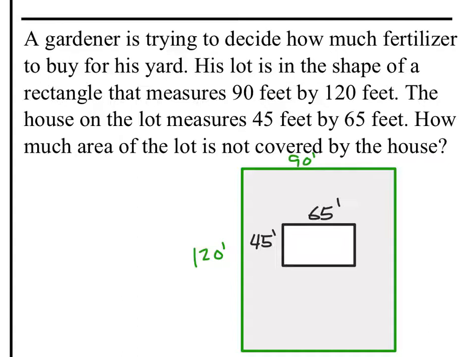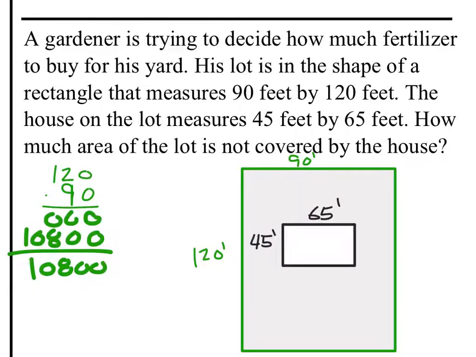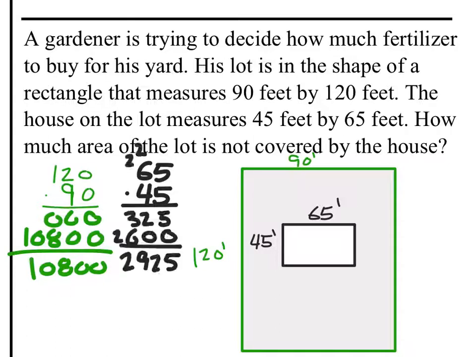Now remember, it doesn't matter if your picture is proportional as long as it's a picture to help us understand. So the first thing I'm going to do is take the area of the entire lot, which is 120 by 90 feet, and I'm going to multiply these out. So just to start with, the lot is 10,800 square feet. But then I need the square footage of the house, which is 65 by 45. And I'm going to multiply these two out. So the square footage of the house is 2,925 square feet.